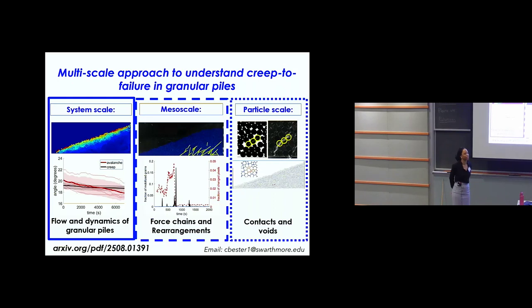Yeah, so, okay, I think that's a great point, too. And I got to another question that someone mentioned about doing histograms. So I do need to look at histograms and compare them for creeping piles to avalanching piles to see if there's a trend there. So far, the kind of trend that we see is an increase in the creep events that occur just before an avalanche happens. But there isn't much more of a trend there.